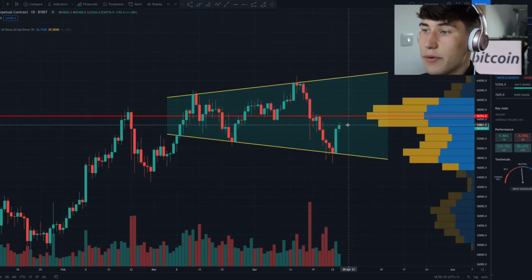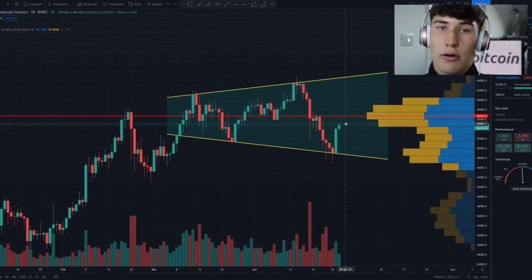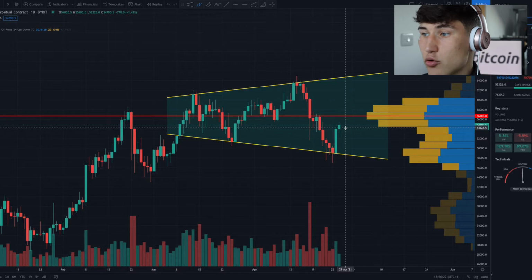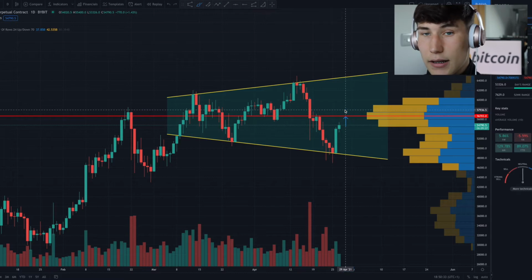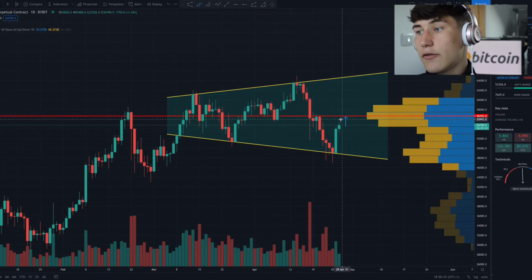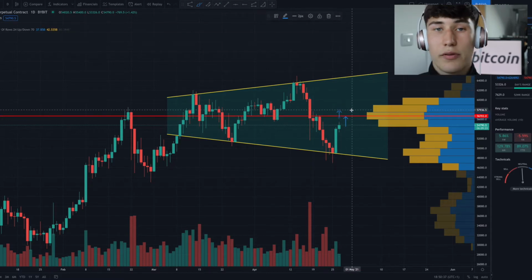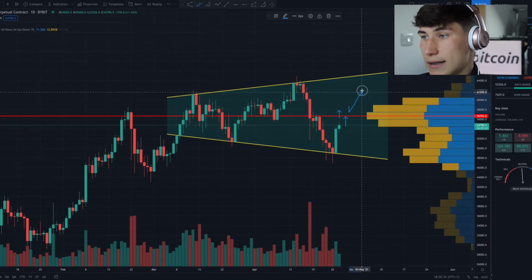So this VPVR is actually going to act as strong resistance and strong support in the near future. Because we are below it right now, it is going to act as resistance when we actually come to test the VPVR, and if we are to break above the VPVR, it would then act as support.